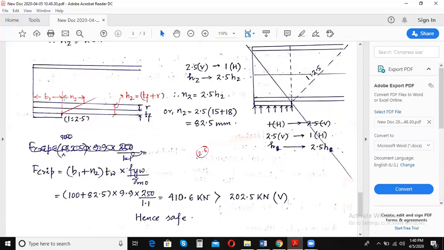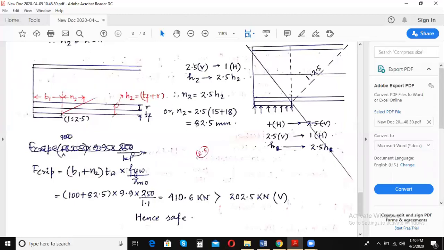And what is N2? Due to this stiffener or this support, certain load dispersion takes place, and this dispersion should take place at a slope of 1:2.5. The slope is already mentioned in the code.